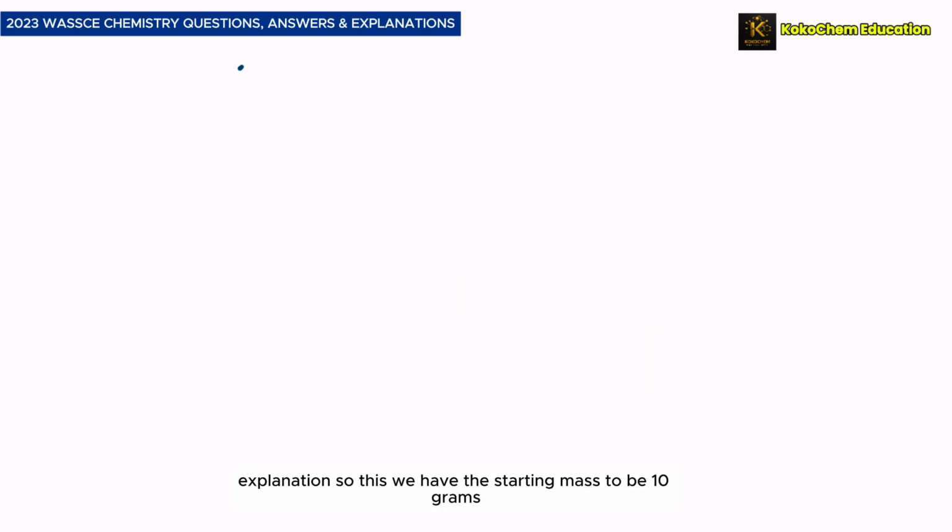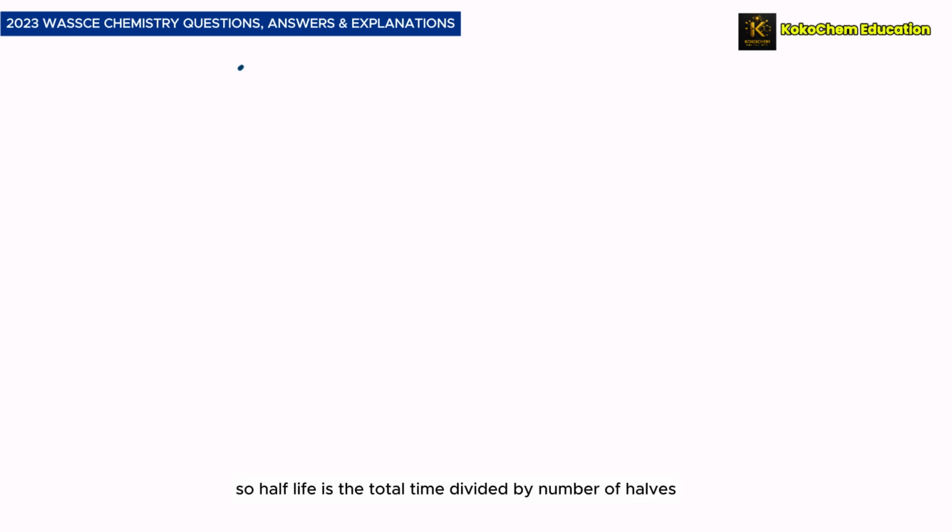Explanation. So we have the starting mass to be 10 grams. So half-life is the total time divided by number of halves. So do this like a countdown, okay? The first half-life of 10 grams, you divide by 2, will give you 5 grams. The second half-life will be 2.5 grams.